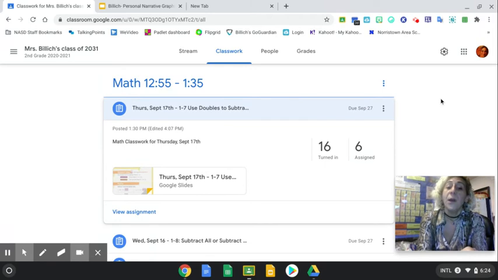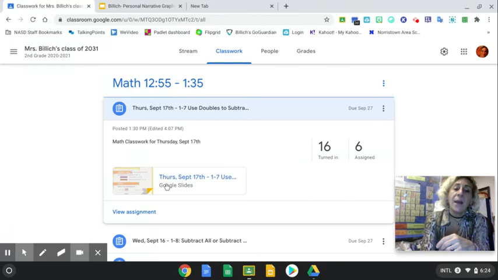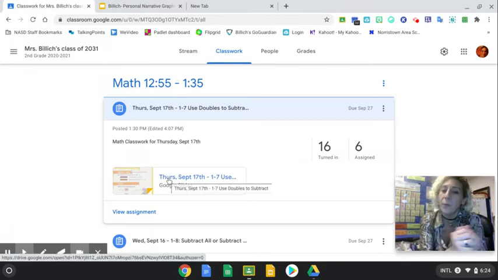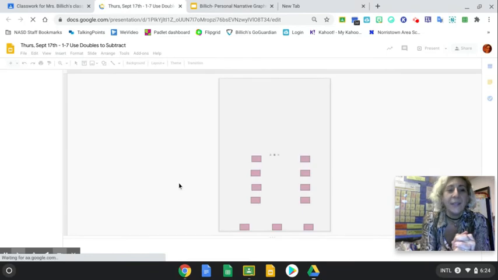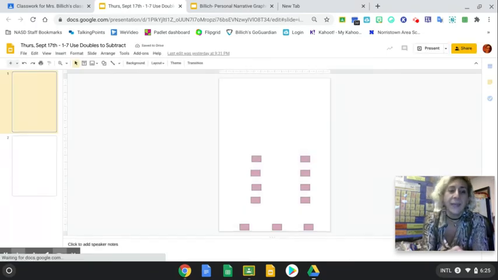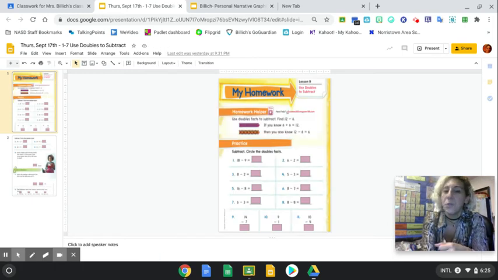For math, we chugged right along to the 7th lesson in chapter 1, which is using doubles to subtract. I sent out on talking points, there were 6 students out of the 16 who still did not, by the end of the day, finish their math classwork. But that left 16 who did. It was 2 pages, looked like this. And again, just using our doubles facts to subtract.